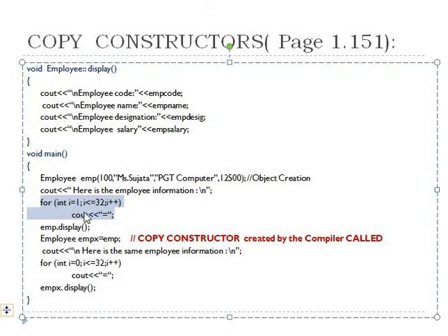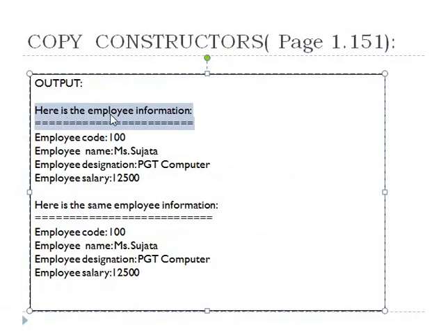It encounters a for loop where it is going to print this equality operator 32 times, because the value of the variable I starts from 1 and ends at 32. So 1 to 32, if you count, it's going to print this equality operator 32 times in the output. Just after printing this text, you can see the equality operator getting printed 32 times.